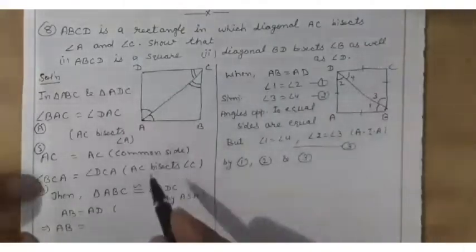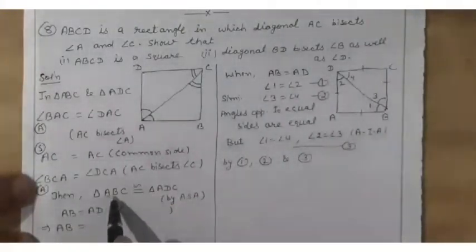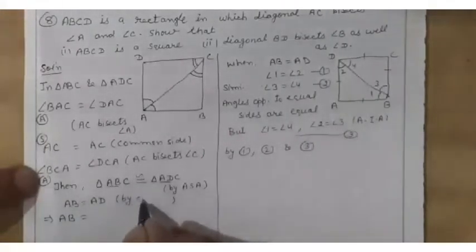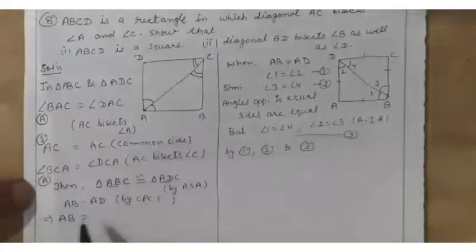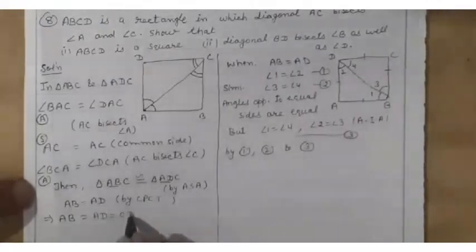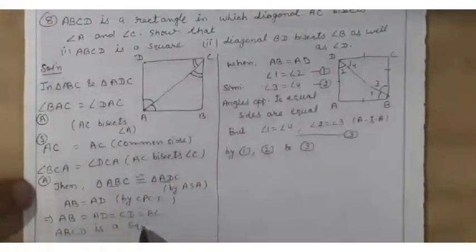So you can say AB equal to AD by CPCT. And ABC congruent to ADC, what is the reason that you got it? ASA. So if AB equal to AD, then you can easily prove all sides are equal. AB equal to AD equal to CD equal to BC. So you can say ABCD is a square.